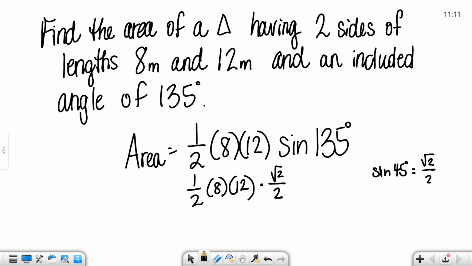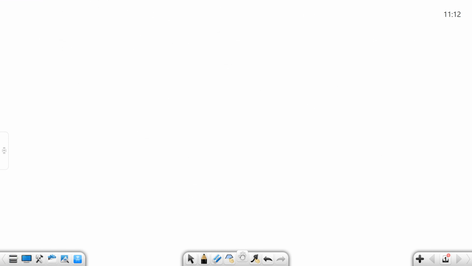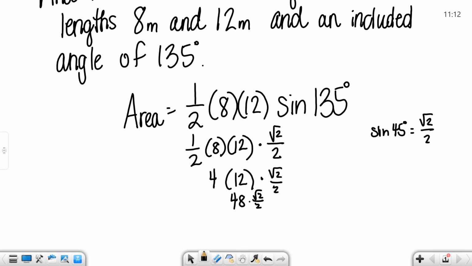All right, so now I'm ready to multiply. So that gives me 4 times 12 times square root of 2 over 2. 48 times square root of 2 over 2. So that gives me 24 square root of 2.